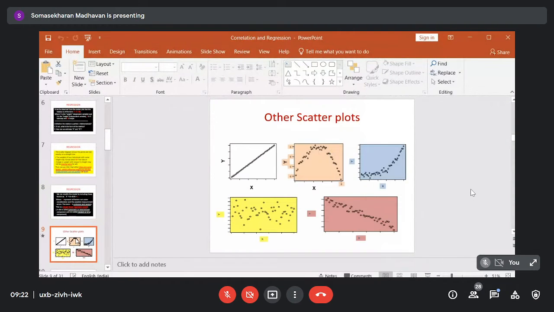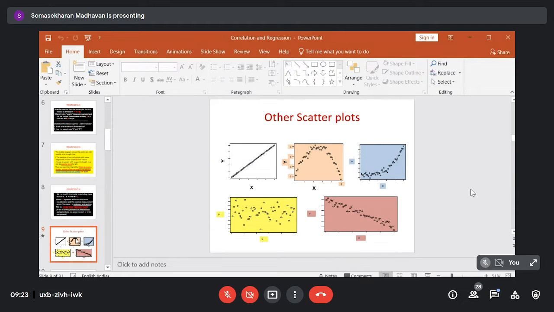Then, what are the other scatter plots? The first one shows an exact relationship between x and y, so it is a mathematical relation. You need not go through any statistical procedure to construct the model, because it is very simple to construct a mathematical relationship y equal to a plus bx.